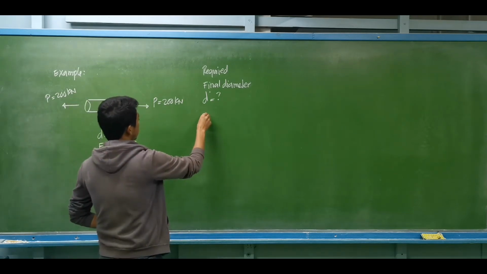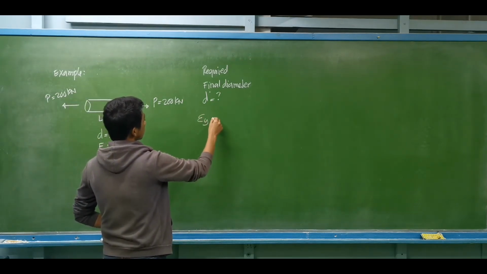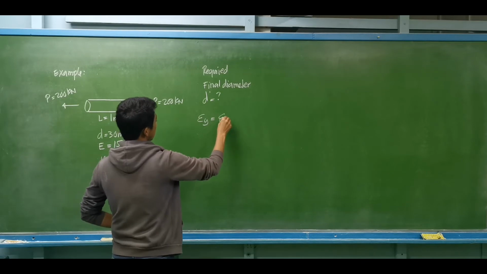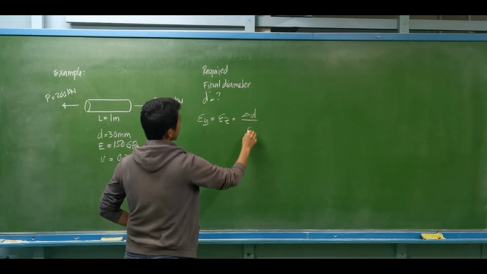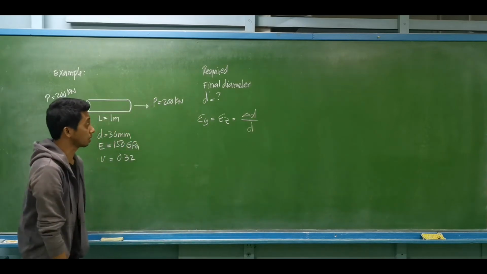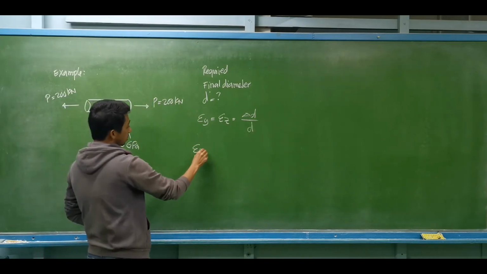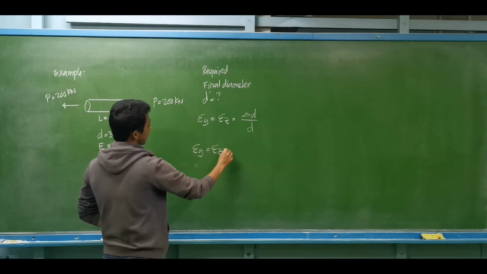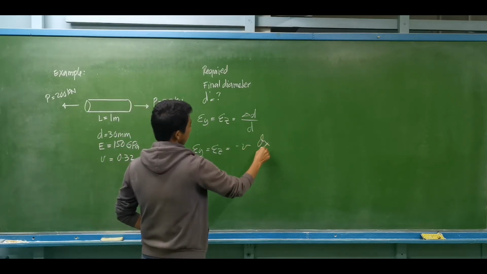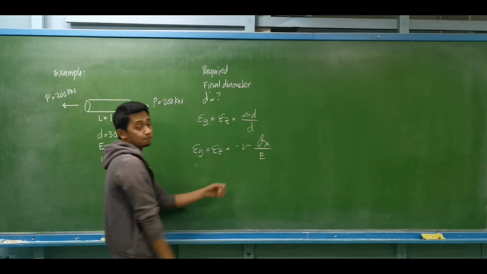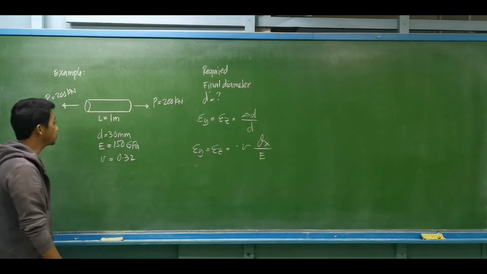So let's have the strain along Y is also equal to the strain along Z for this case. That is the delta D divided by the initial diameter. But if we are to compute for the strain of Y or the strain along Z, that is basically equal to the negative Poisson's ratio, the stress along X divided by the modulus of elasticity.